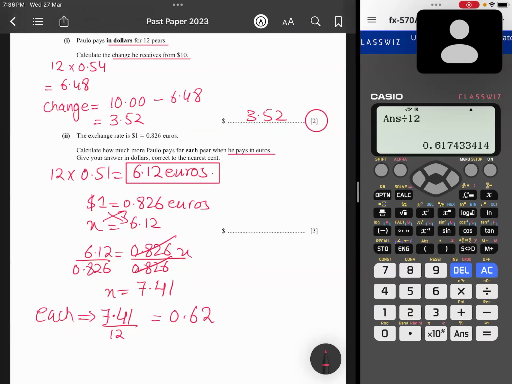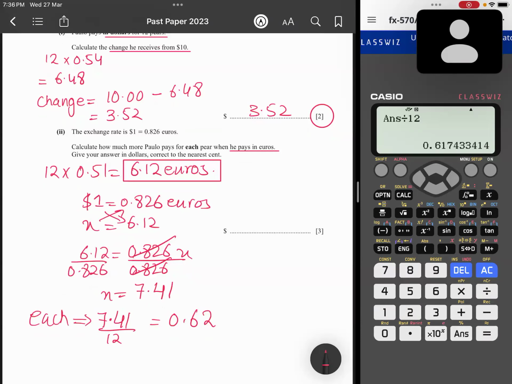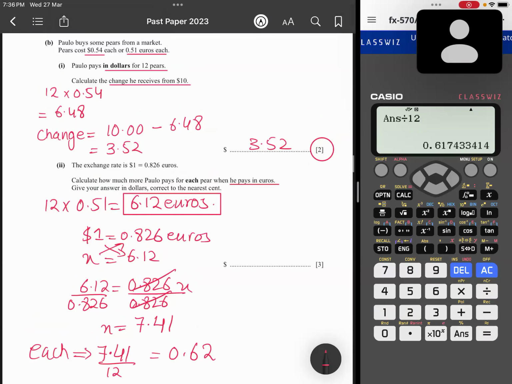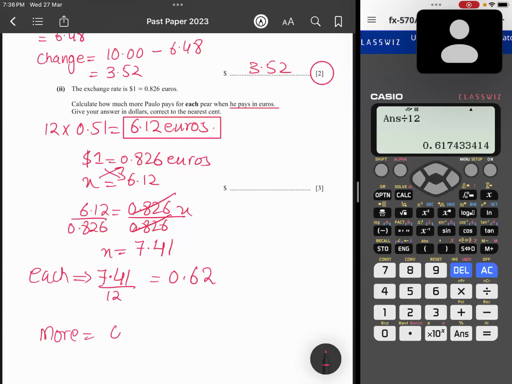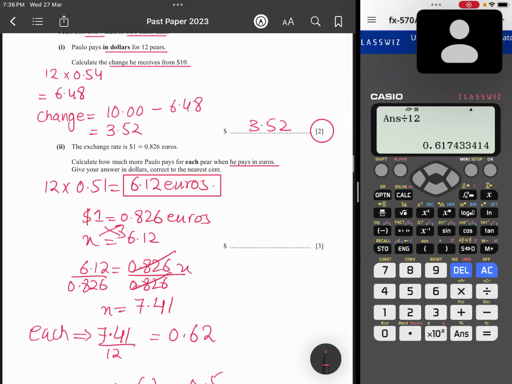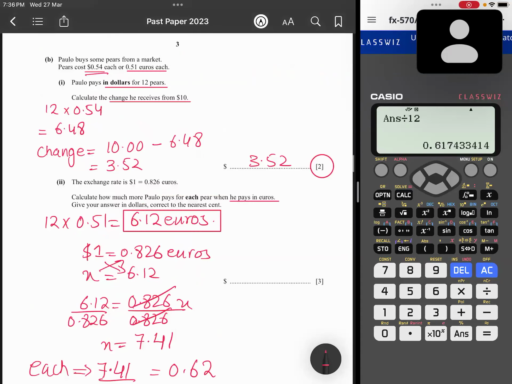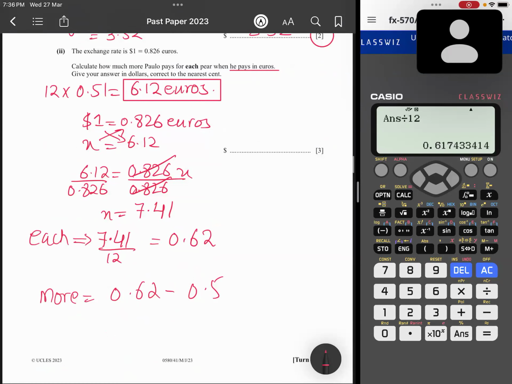In dollars, when he bought this, it was 0.54, given in the question. So more would be 0.62 minus 0.54. So the answer would be $0.08 more when he pays in euro.